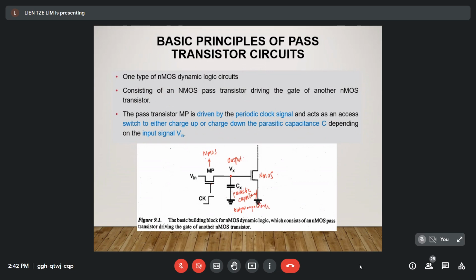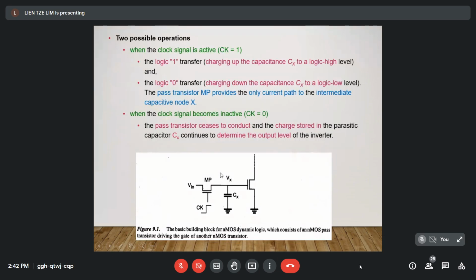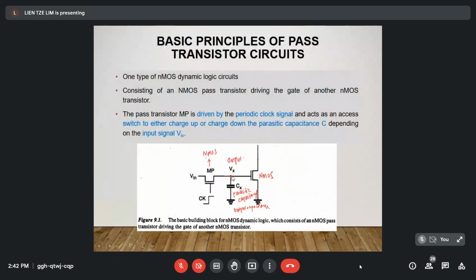The output drives another NMOS. When there is a capacitance connected at the output, it can drive another NMOS, and the circuit is driven by the gate.